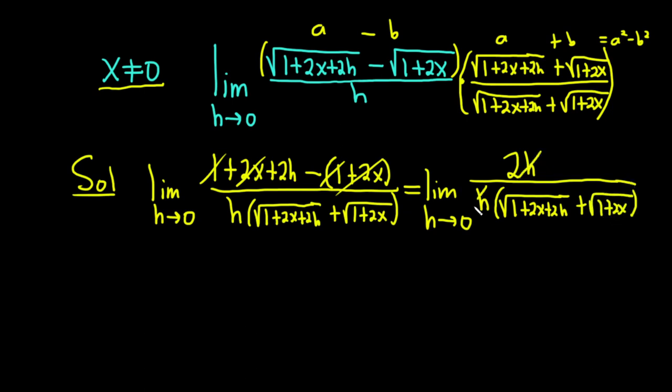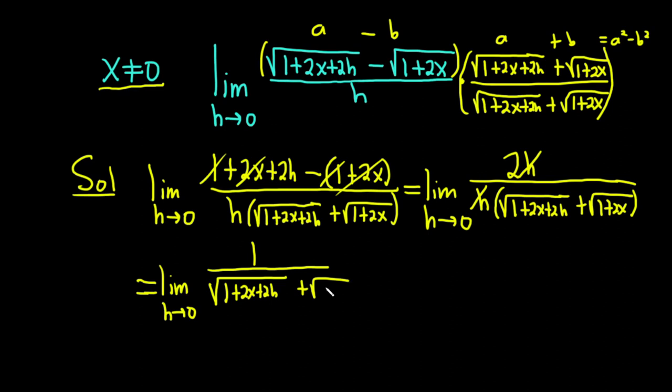Now the h's cancel, so this is equal to the limit as h approaches 0 of 1 over, we still have the stuff on the bottom, so the square root of 1 plus 2x plus 2h plus the square root of 1 plus 2x.